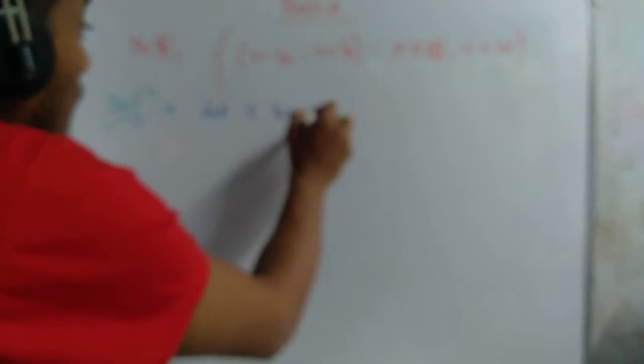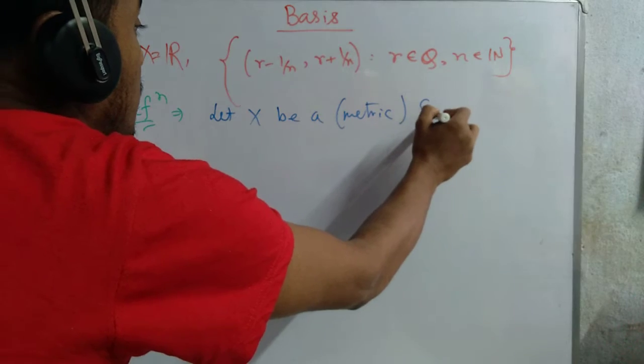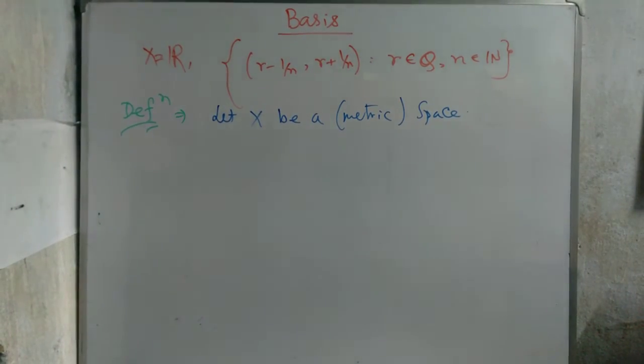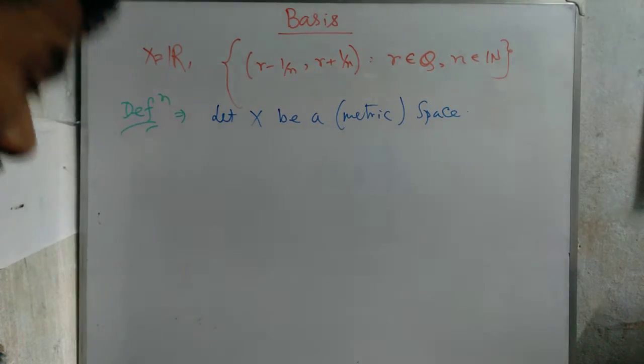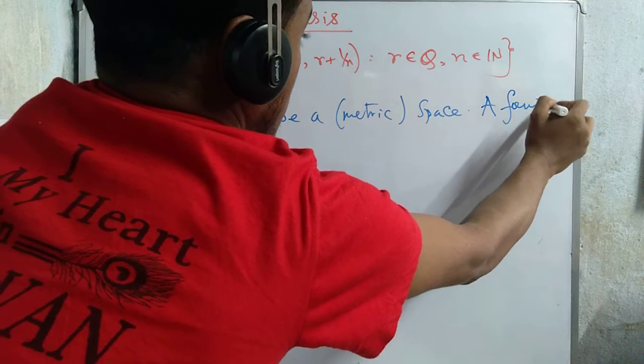Now we go to the definition of basis. We write this definition now. Let X be a metric space. We write it in brackets, because if X is any space, then that is not a problem.